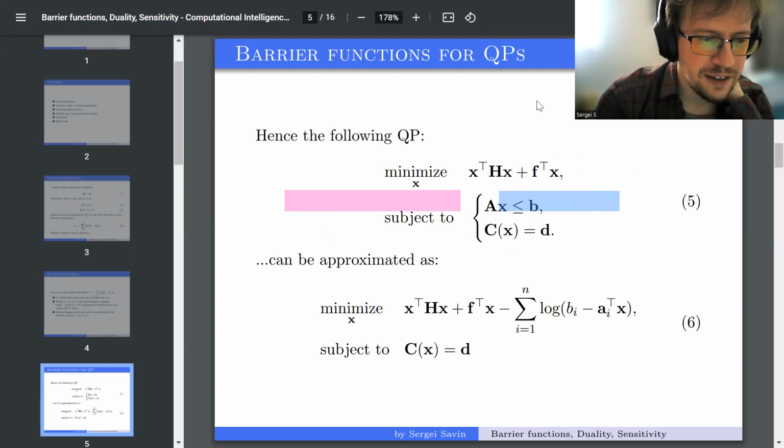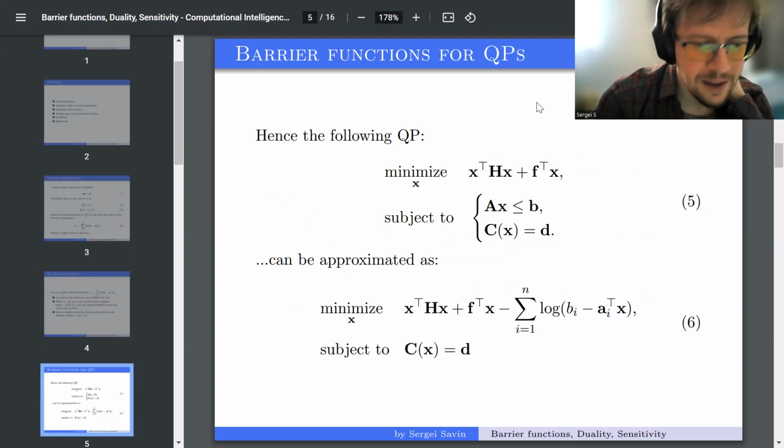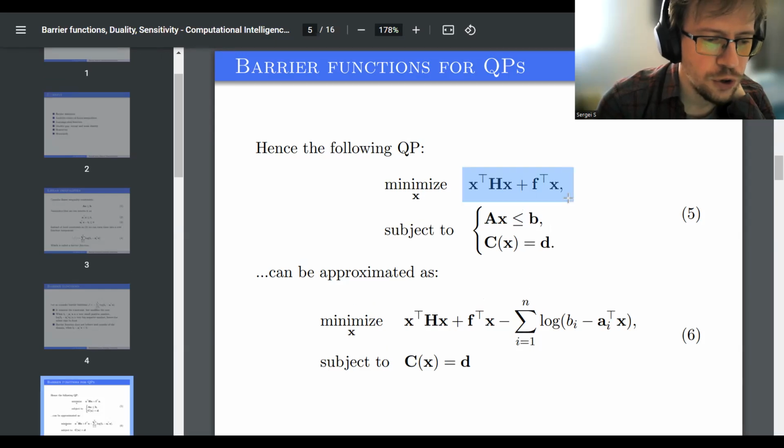All right. Now, let us see just one example. So here's a QP. The QP cost, QP constraints, inequality constraints, equality constraints. Okay. By the way, this shouldn't be brackets. It should be just multiplication. I don't know why we have brackets here.